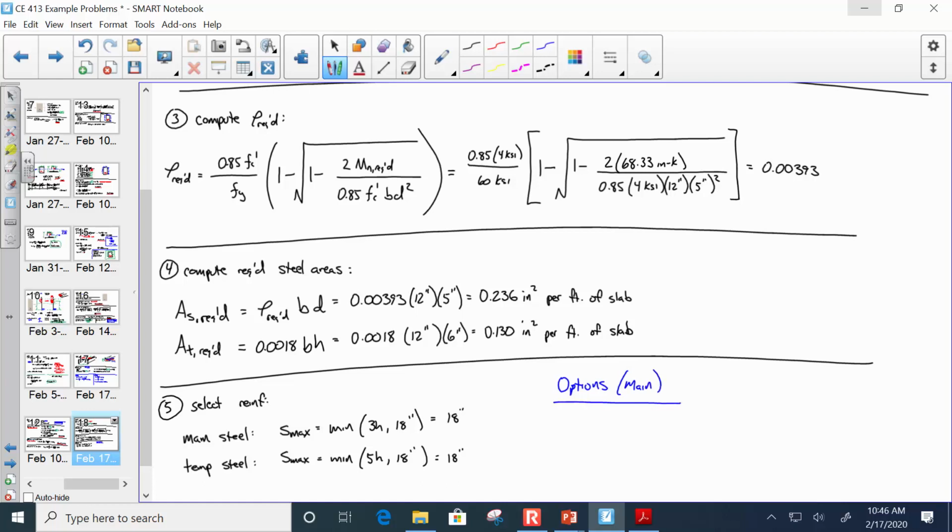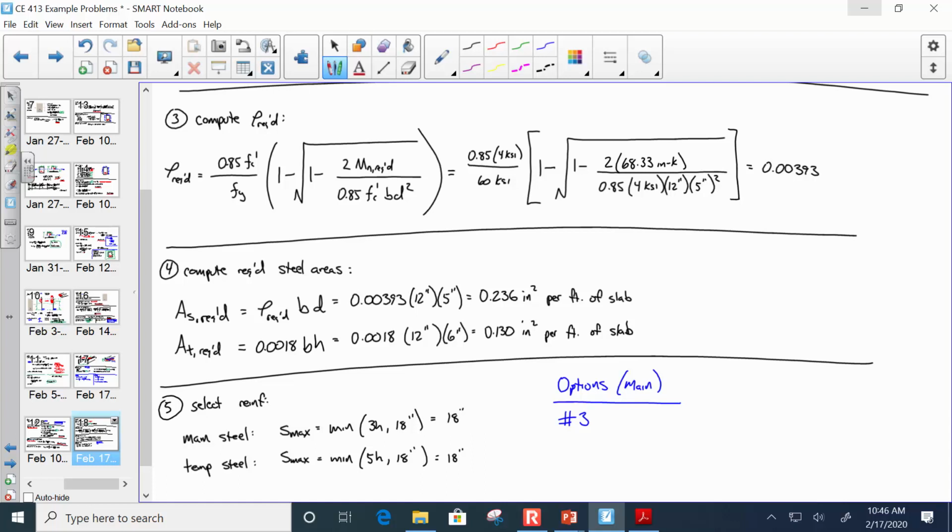Okay, now I'm going to walk you through this the first time. Let's start off with the smallest bar. Remember, slabs are thin, so thin concrete elements, we don't really need super massive bars. So let's start off with number 3 bars. I want you to help me out with something. If I was using number 3 bars, and I need to produce at least 0.236 square inches of reinforcement per foot, how far apart should I space them? 5.5 inches.